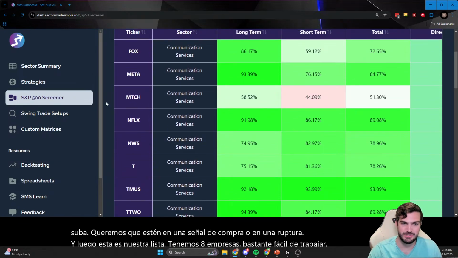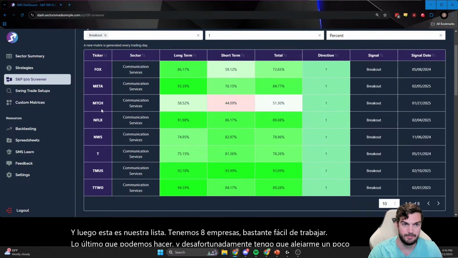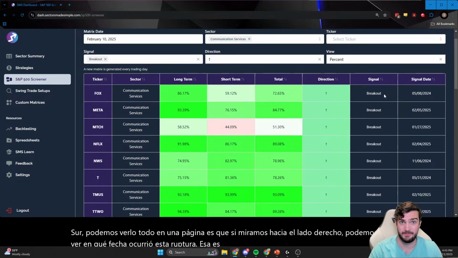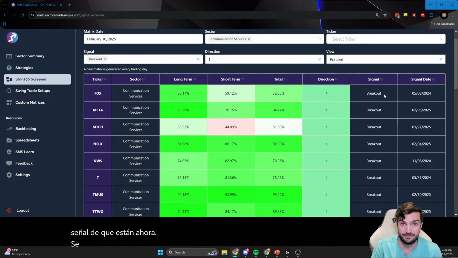The last thing we can do, and unfortunately I have to zoom out a little for this one so we can see it all on one page, is if we look over on the right side, we can see what date this breakout occurred. That's the thing we really care about. That's the big sign. They're breaking past their old price, and I don't know what a good analogy for it is.